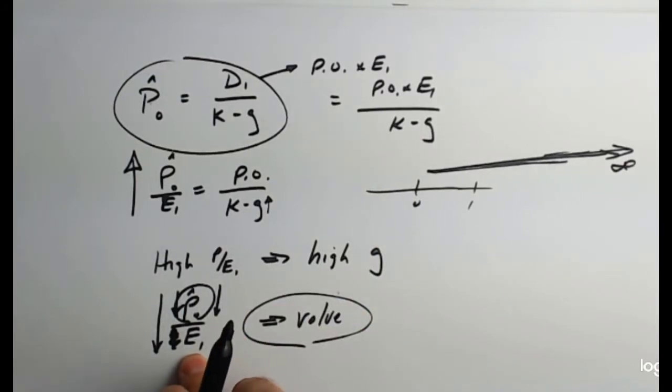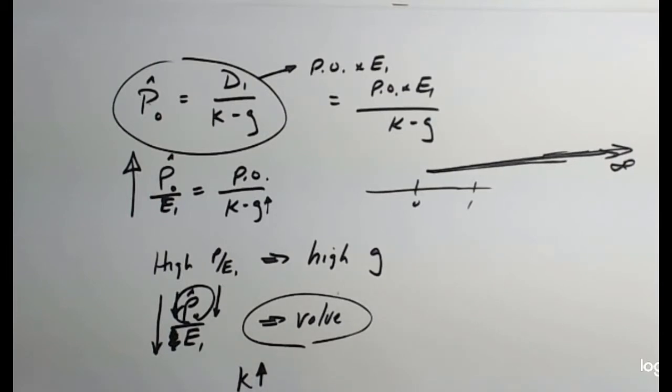That could be because K is really high, that discount rate, and the stock is really risky. So one of the problems is that when you buy value stocks, you could be loading up on highly risky stocks. That's why they're so cheap. So always keep that in the back of your mind.